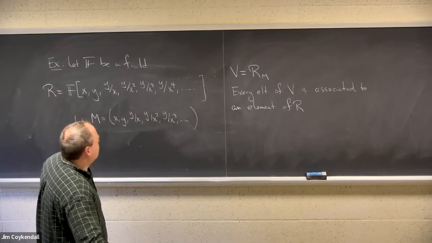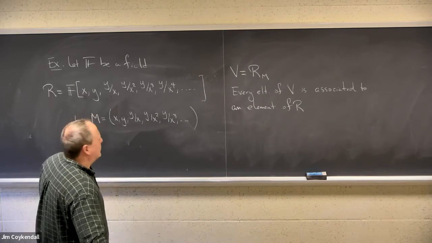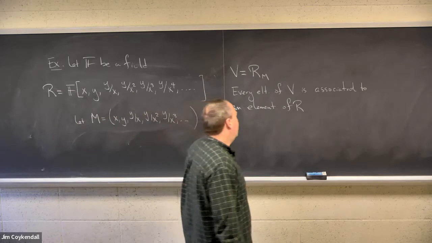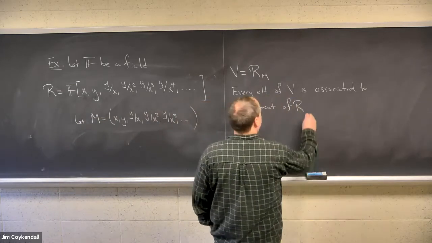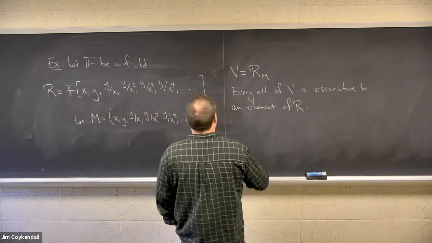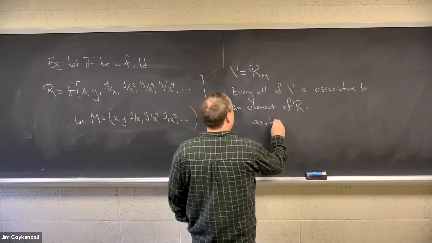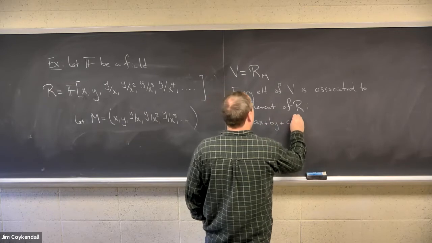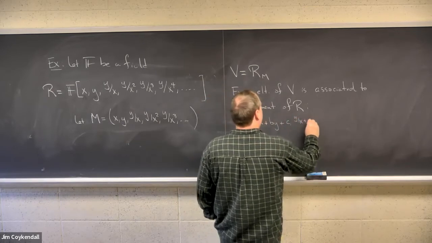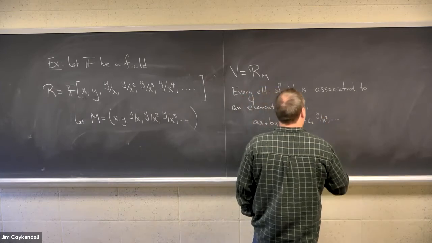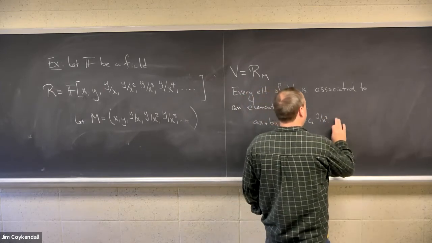Of course, here's the problem. Things get a little bit more complicated when we start doing things. So how can we write an element of R? Let's write it as a x plus b y plus c1 y over x plus c2 y over x squared.